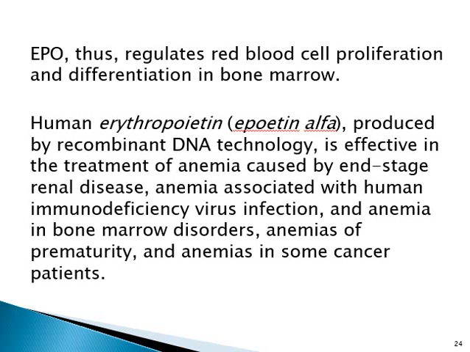It is also used in anemia associated with human immunodeficiency virus infection, anemia in bone marrow disorder, anemia of prematurity, and anemia in some cancer patients. So we see that epoetin alpha is used in different types of anemia due to different reasons, but all of them have the same thing, that they have low erythropoietin.